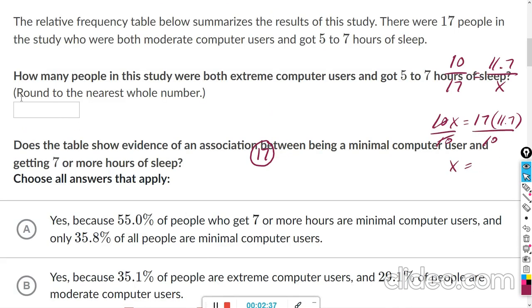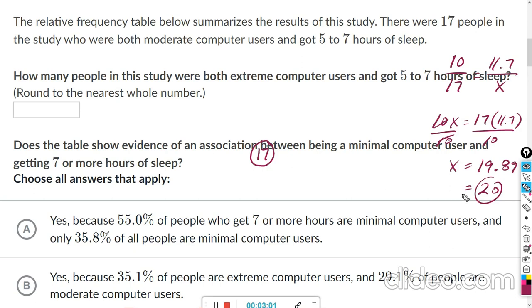Before I do that, it says round to the nearest whole number, so we're going to cut off the decimal. All right, so I get 19.89. To the nearest whole number, since it's 0.89, we're going to round it up, and that's going to be a 20 right here in the box.